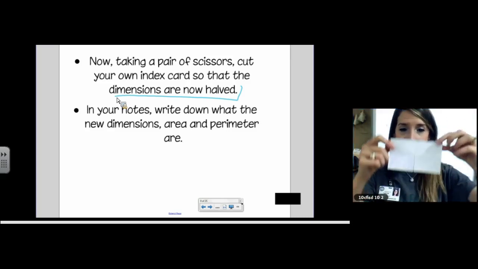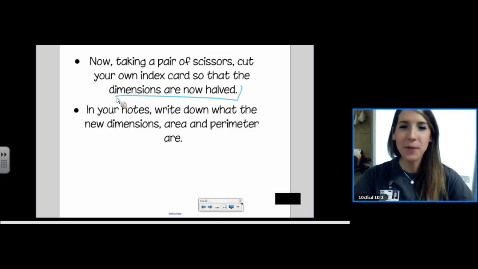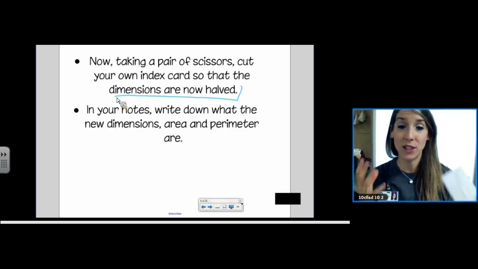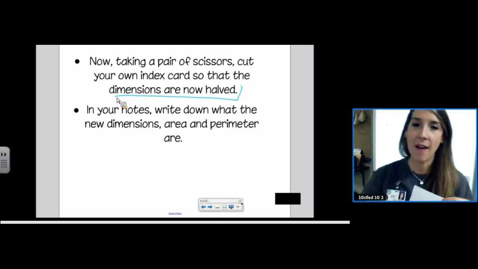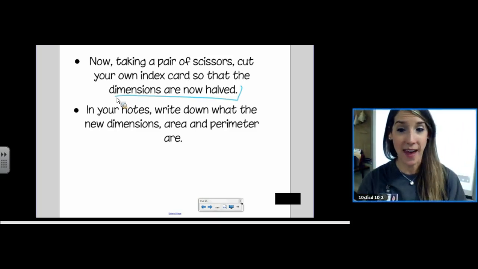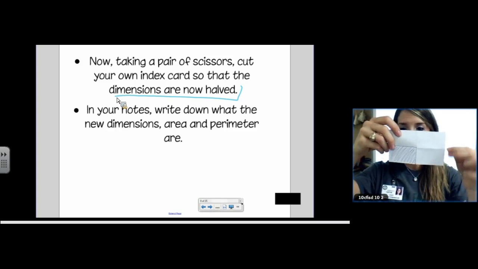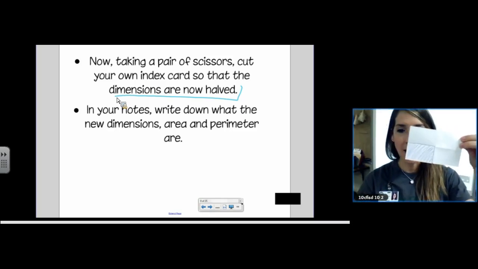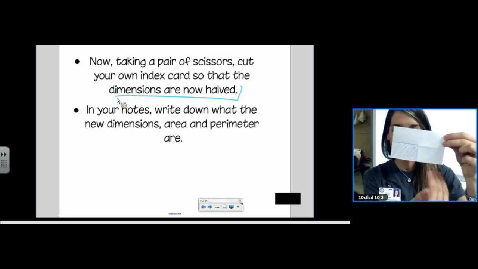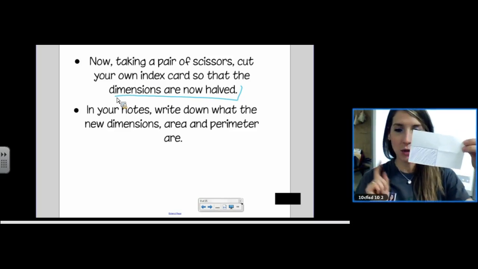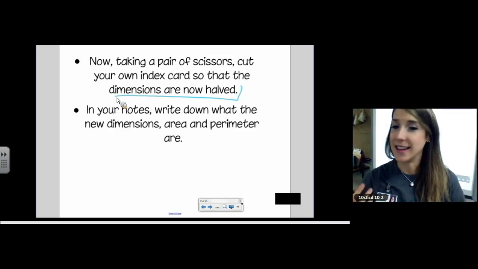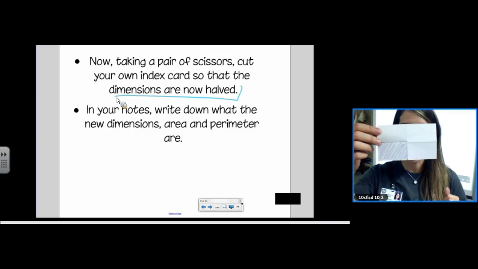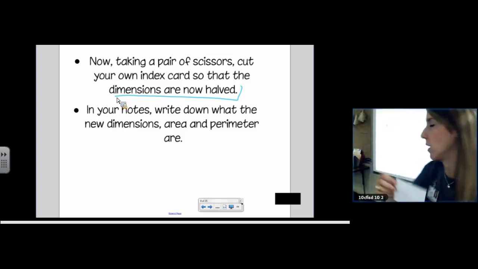Your mind shouldn't be blown that much, but it is important to note. If you say, make those half the side, you're playing with the area more than you think. So I halved the dimensions, half the length and half the width. But since it's two-dimensional, the area is not affected by 2. The area is affected by 4.